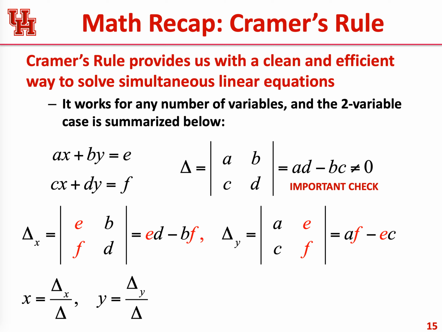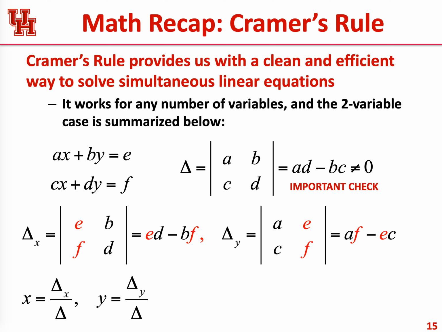We call that delta. Delta is composed of these four numbers, a, b, c, and d, and it expands out into the following formula: a times d minus c times b.